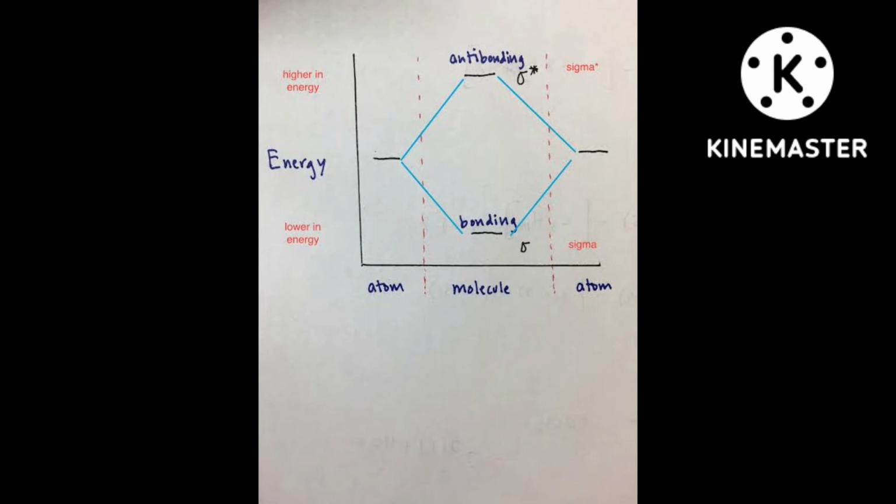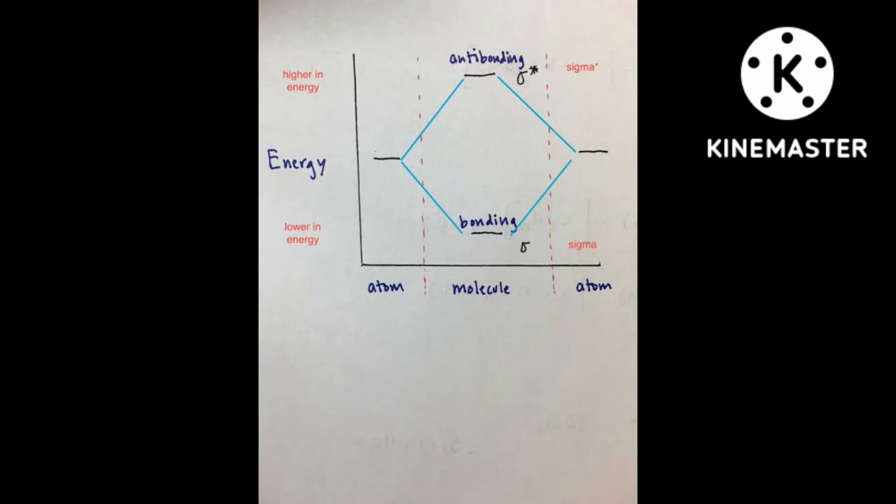The molecular orbital sigma formed by the addition of atomic orbitals is called the bonding molecular orbital. Bonding molecular orbital, 1 mark question: What is the bonding molecular orbital?